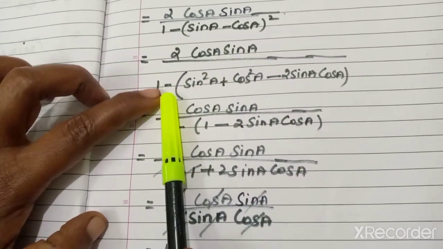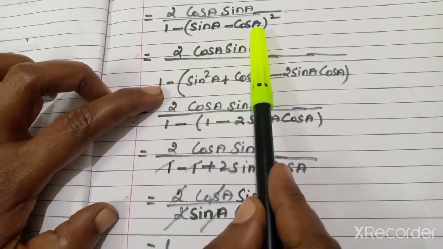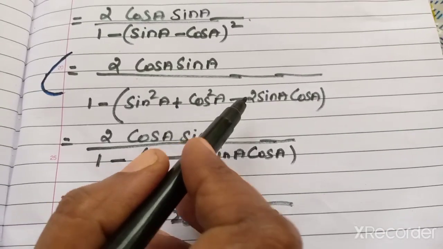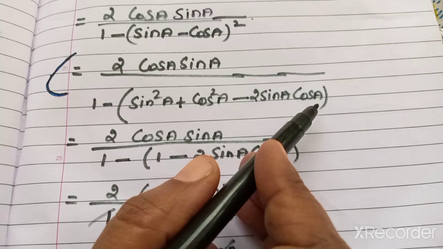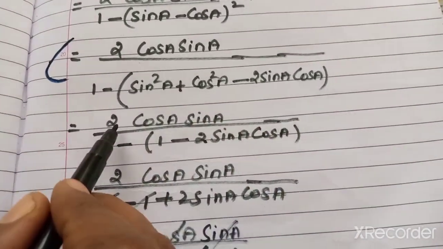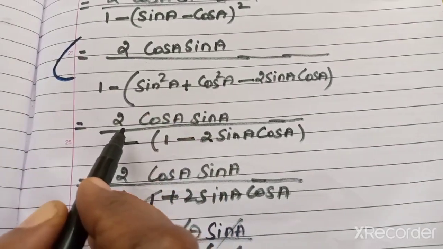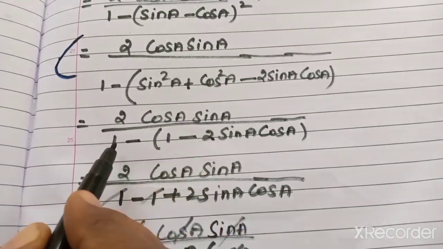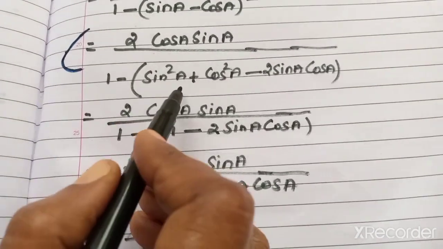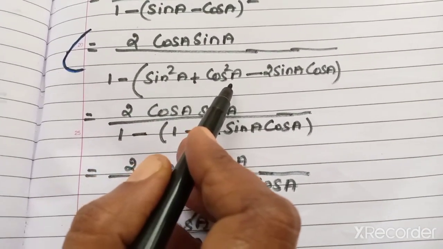So it can be written 1 minus, here we have to use the formula A square, that is sin square A plus cos square A minus 2 sin A cos A. A square plus B square minus 2AB, which is equal to numerator as it is, 2 cos A sin A by denominator 1 minus, we know sin square theta plus cos square theta is 1.